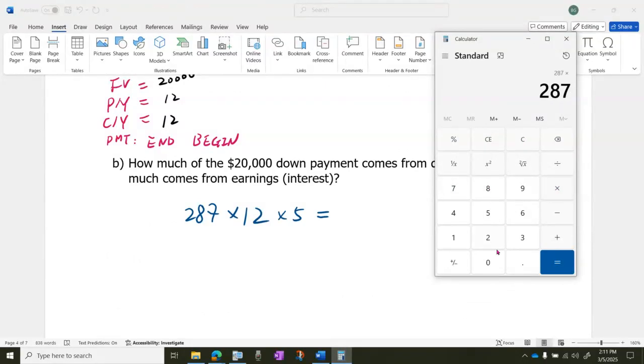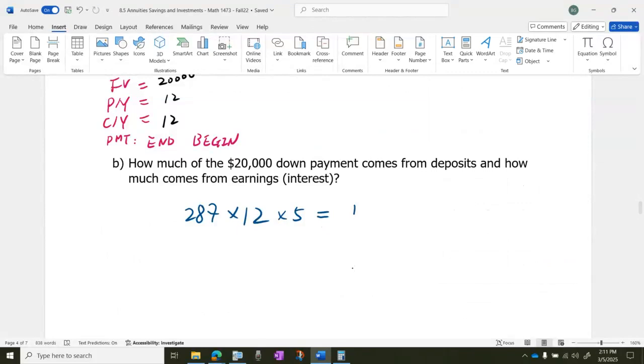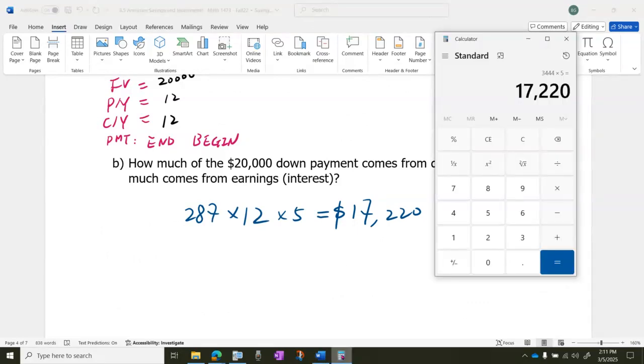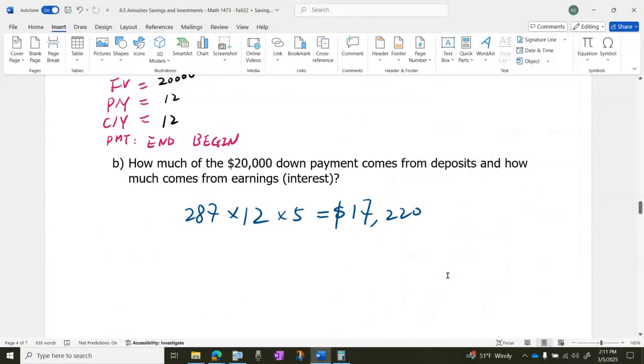287 times 12 times 5 is $17,220. That's how much money you have put in, right? In 5 years, you have 20 grand. And the difference comes from the bank.